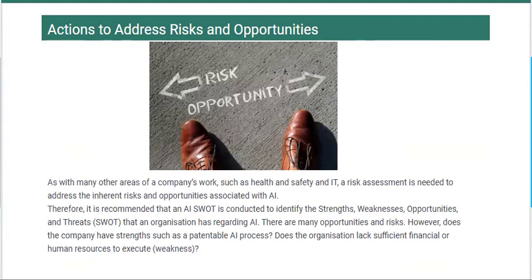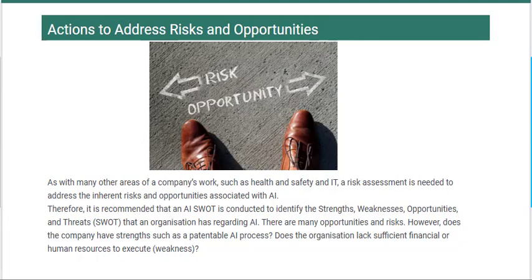There are many opportunities and risks. However, does the company have strengths such as a patentable AI process? Does the organization lack sufficient financial or human resources to execute? Weakness?